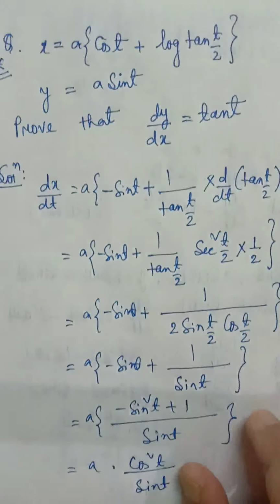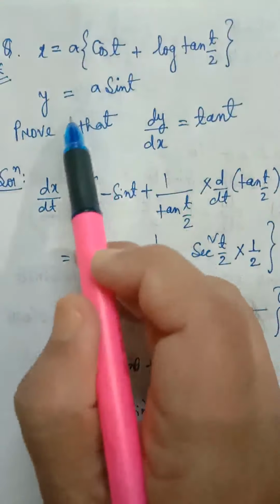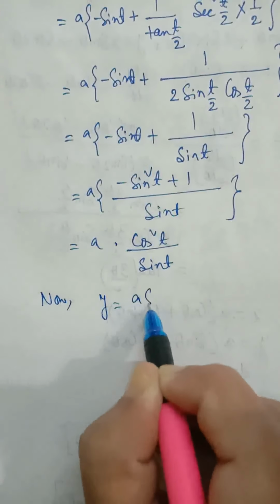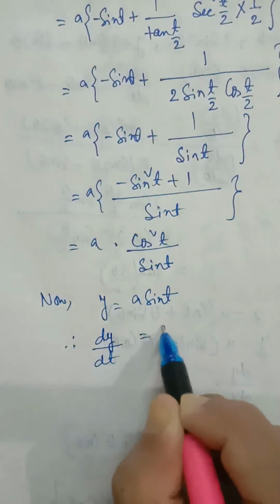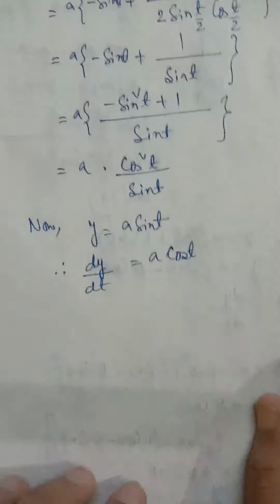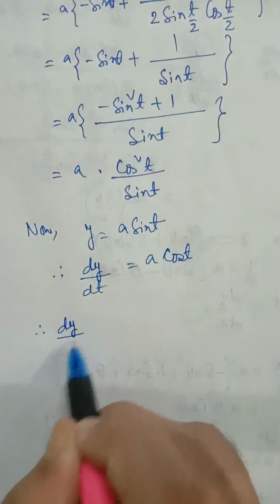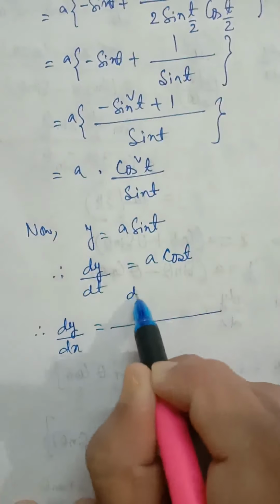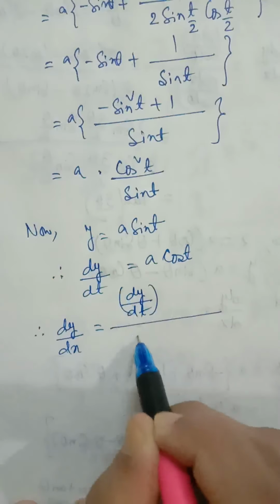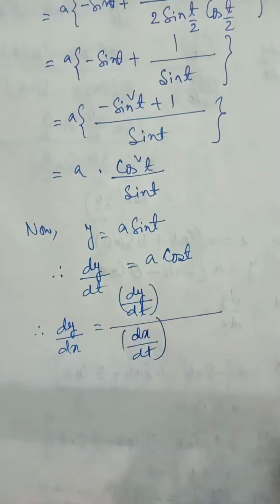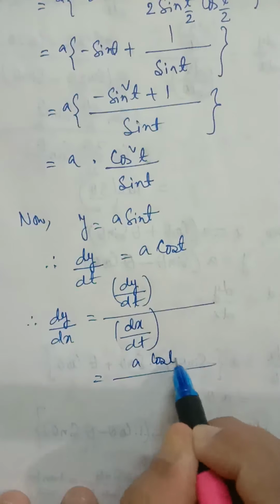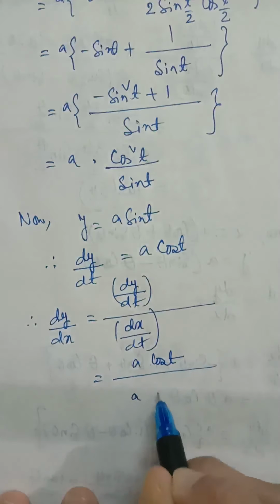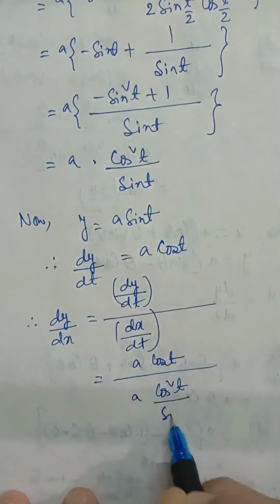Now y equal to a sin t, we have to find dy by dt. dy by dt is equal to a cos t, and therefore dy by dx is dy by dt divided by dx by dt. dy by dt equal to a cos t and dx by dt equal to a cos square t by sin t.